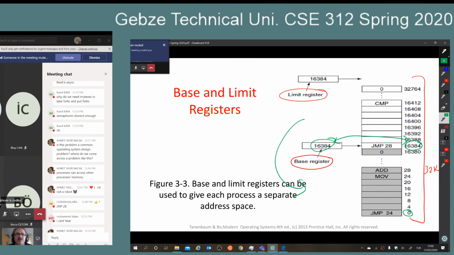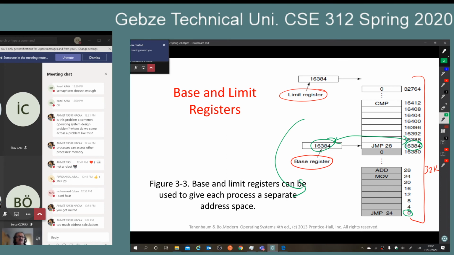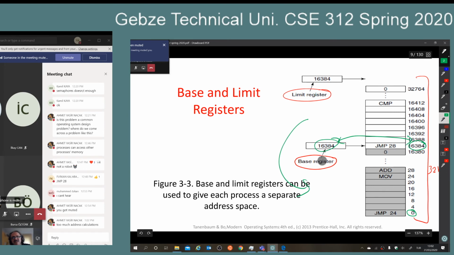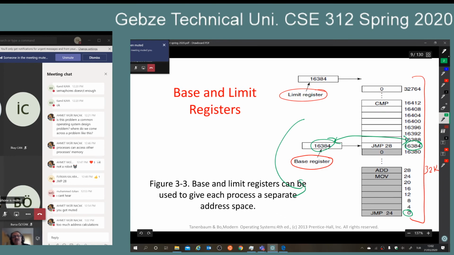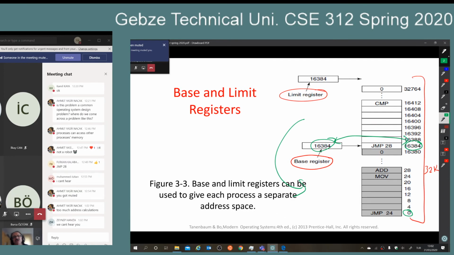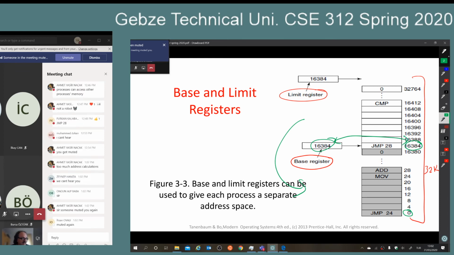By the way, it solved the protection problem. How did it solve the protection problem? Because any memory position that you access has to be between the base register and the limit register.